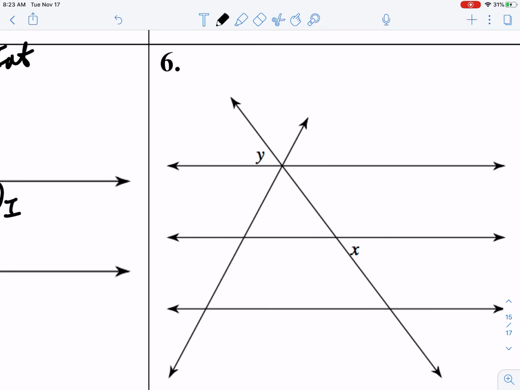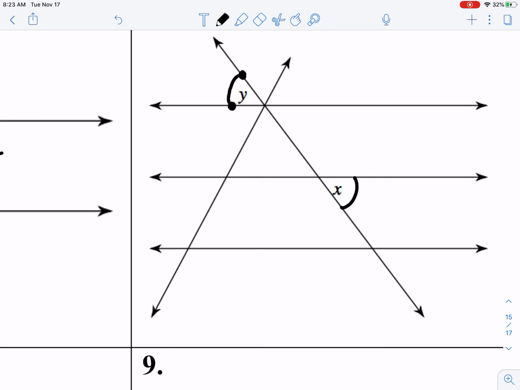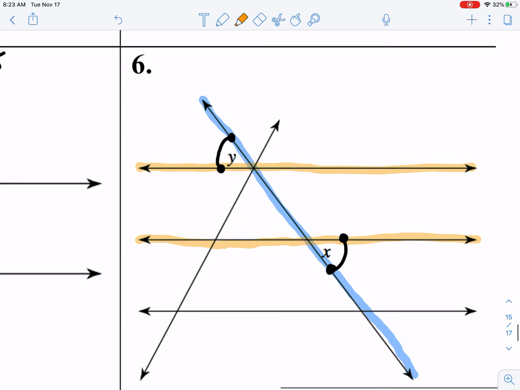For number 6, again, what I like to do is trap my angle, put a dot on the lines they touch. I can see my transversal. So your transversal is going to be the line that both of the angles share a dot with. And then your parallel lines are going to be the one that only one dot touches.